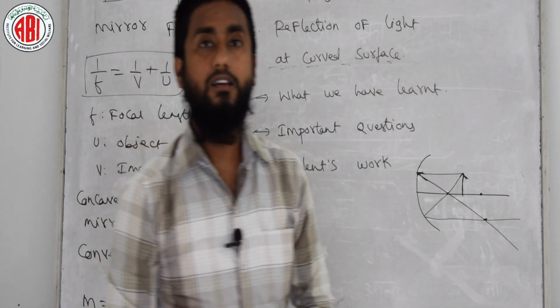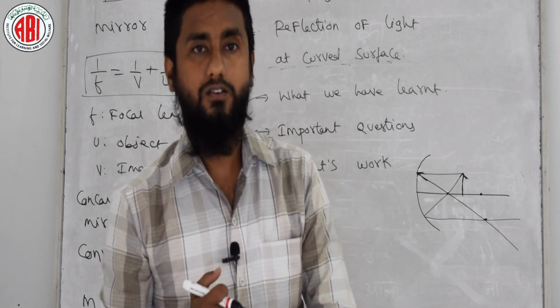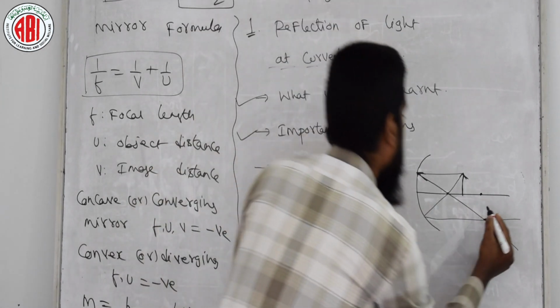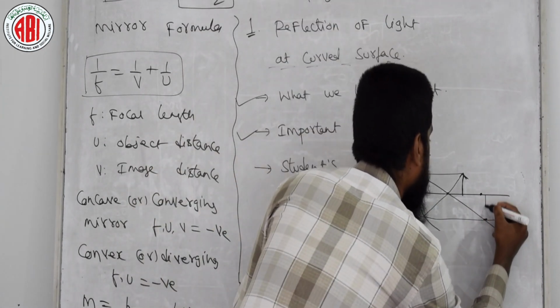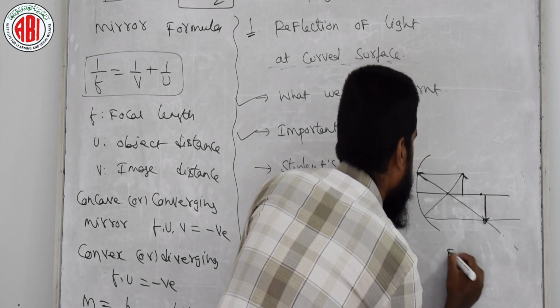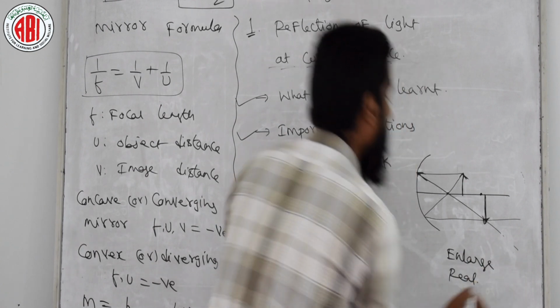We placed the object between focus and center of curvature, so the image is formed beyond the center of curvature, somewhere here. And the characteristics of the image are enlarged and real.